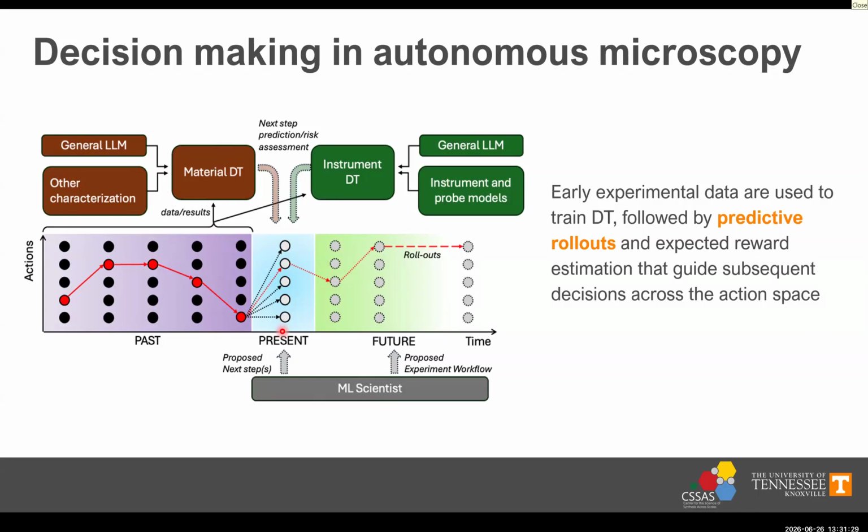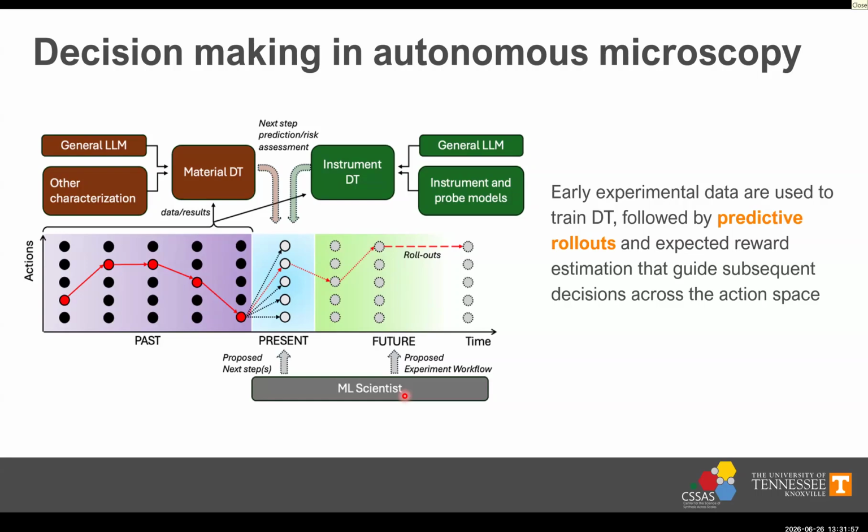Ideally, they predict both the outcome and the uncertainty and risk. Depending on what we want to do, we pass the uncertainty and prediction to our experimental planner, and then it can use the same type of acquisition function to make the next step. We can look at the risk, and based on the risk, decide whether I can take this action or I should not take this action.